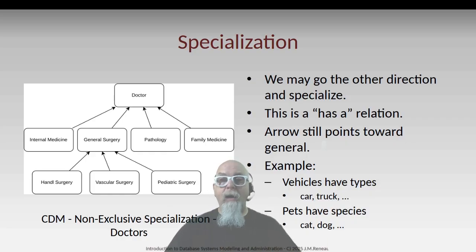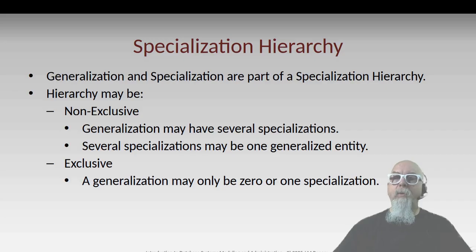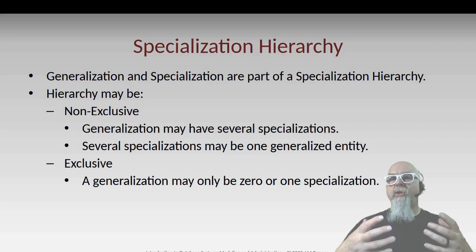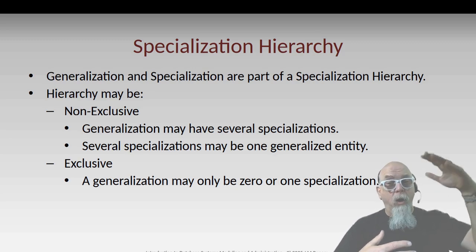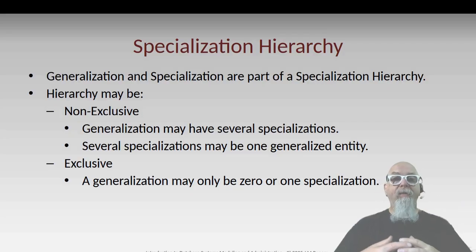An is a or a has a relationship. As we talk about generalizations and specializations, the more generic phrase used by data modelers is specialization hierarchy, meaning that there's a hierarchy of one to another level of detail.